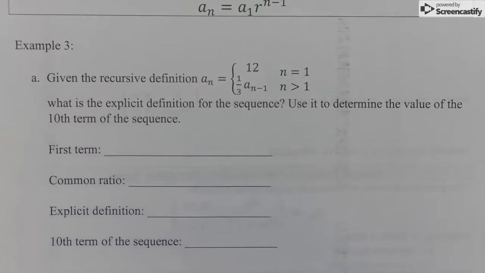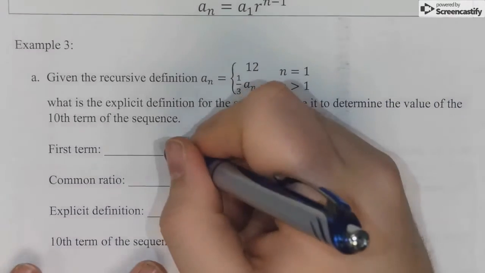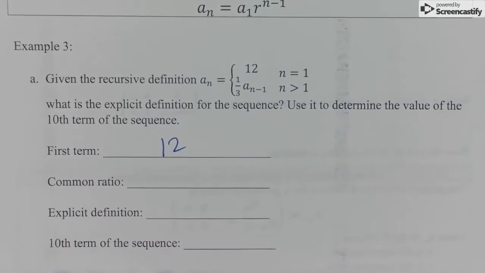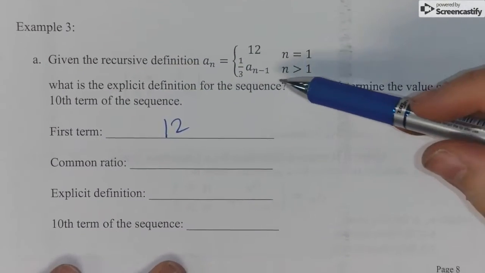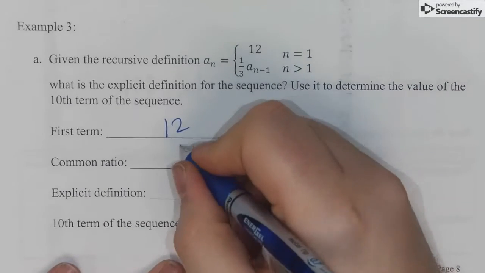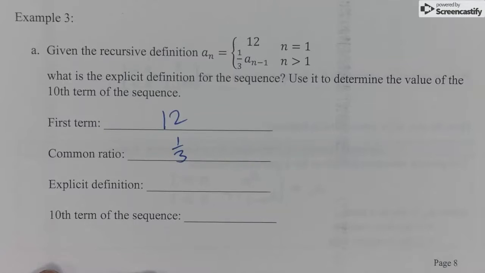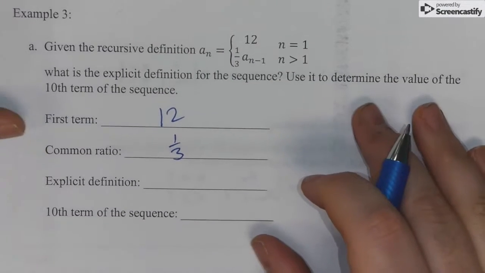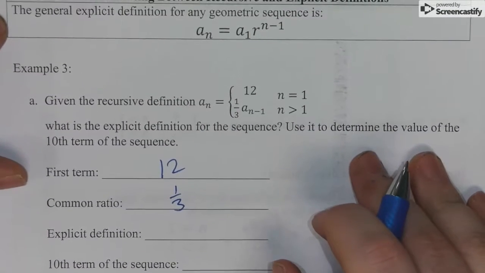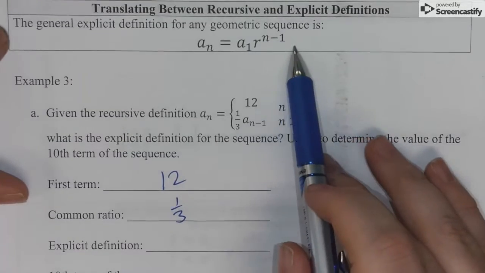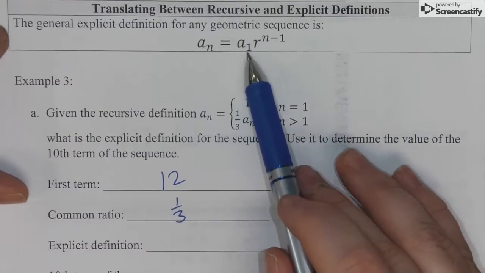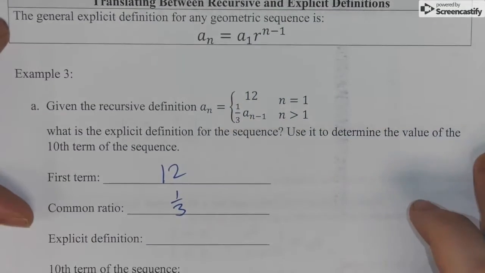So the first term, that's when n equals 1, so that would be 12. The common ratio, that's the number in front of your A sub n minus 1, so this would be 1/3. The explicit definition, so this is where we're going to use this translation up here. It's going to be A sub n equals A sub 1 times r to the n minus 1.